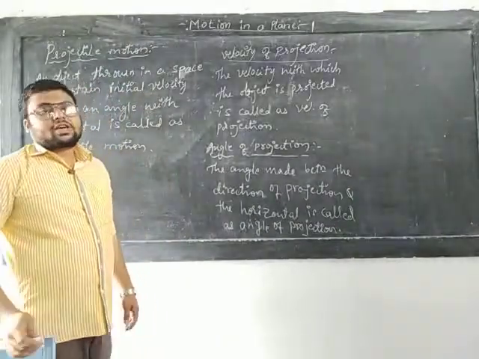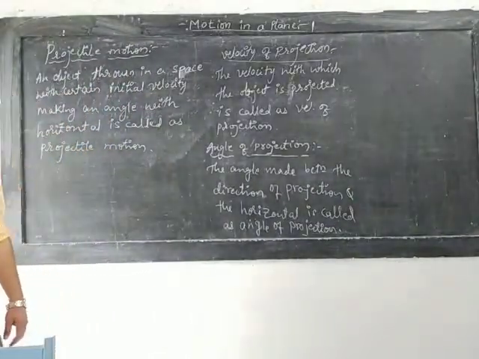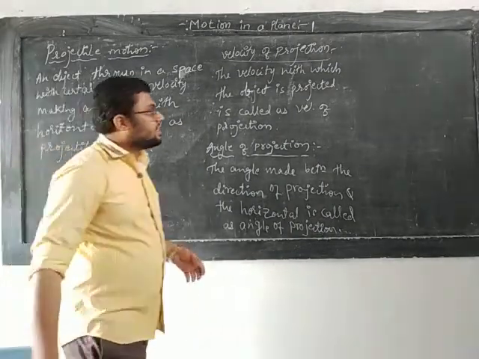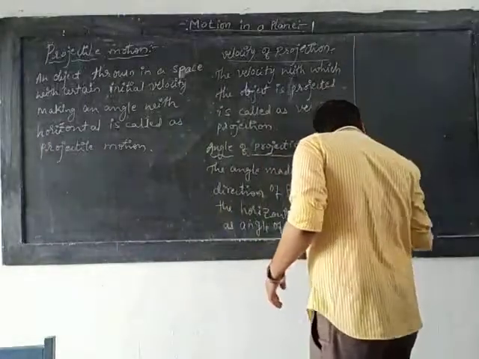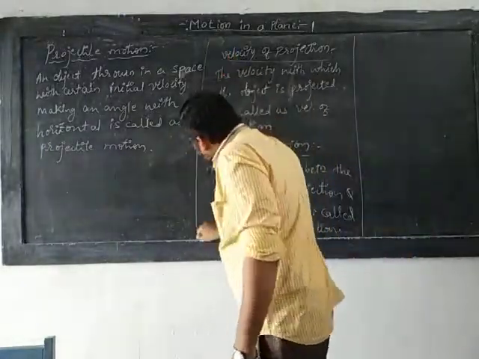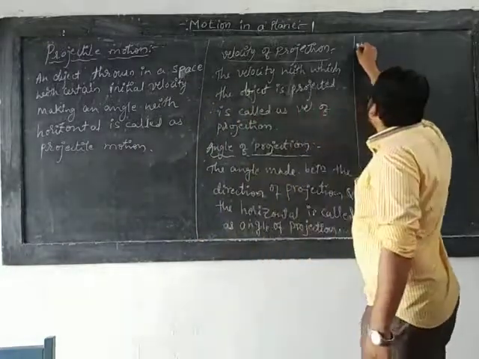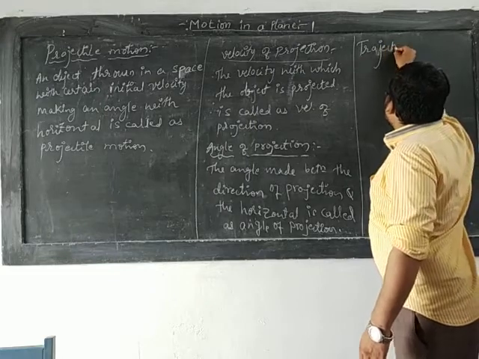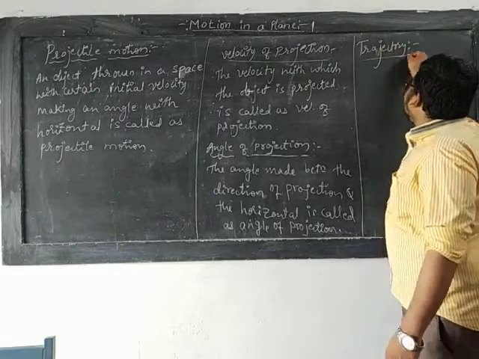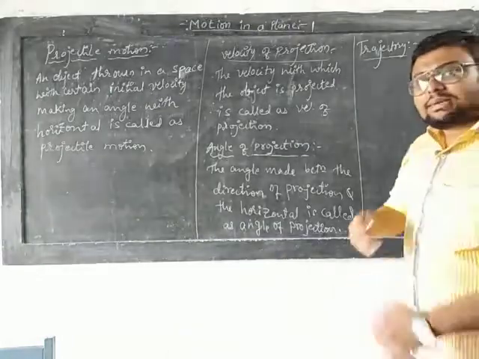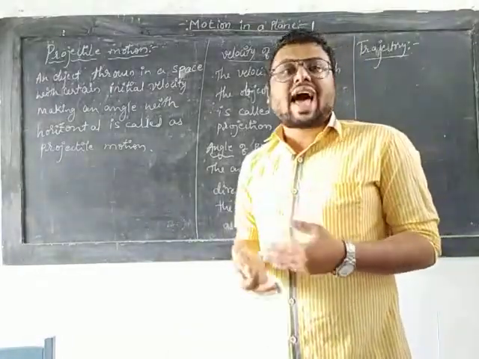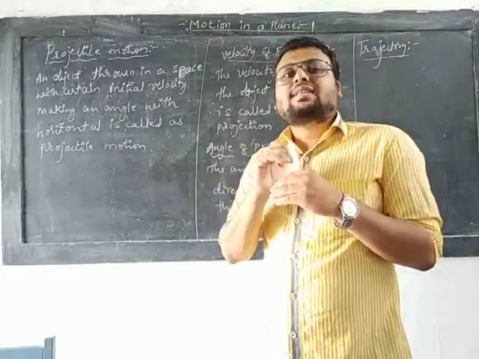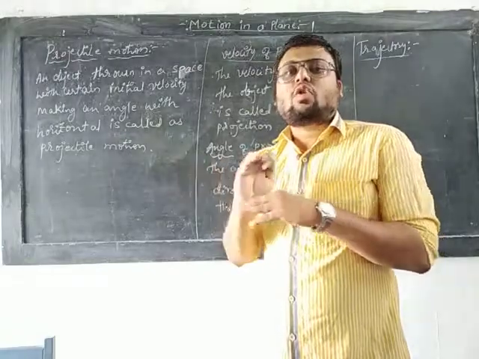And next comes the trajectory of a projectile. What do you mean by the trajectory? It is nothing but the path traced by the projectile. The body which is performing the projectile motion, whatever path traced by that body is called as trajectory.